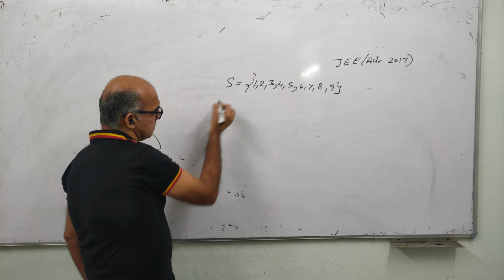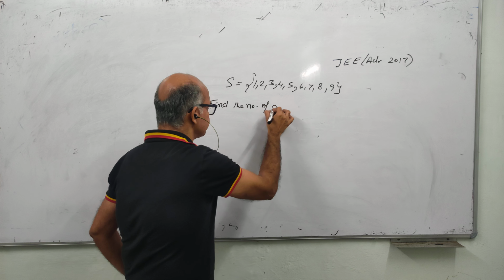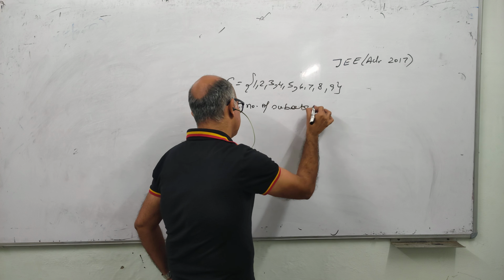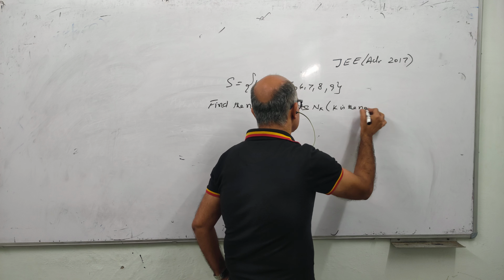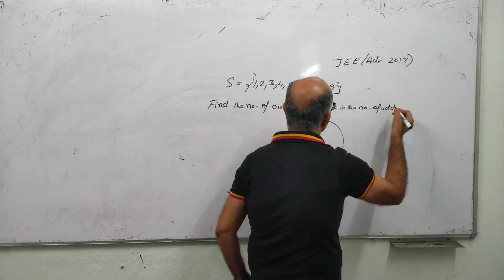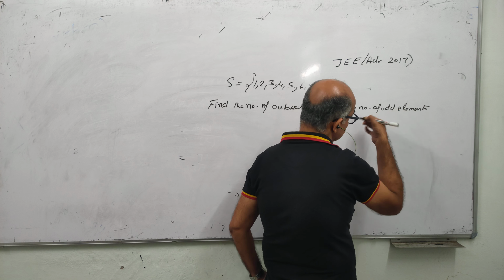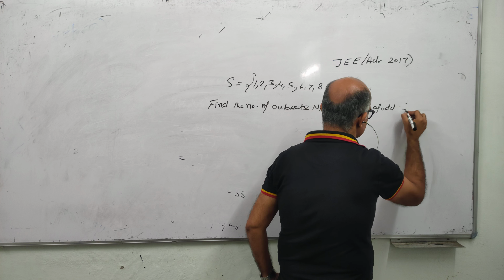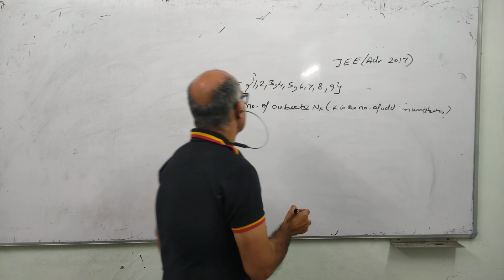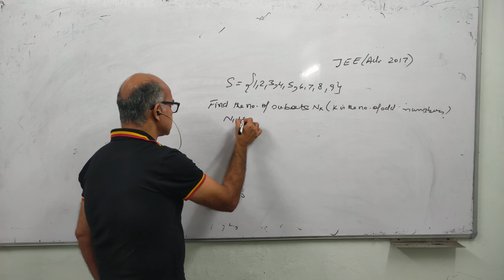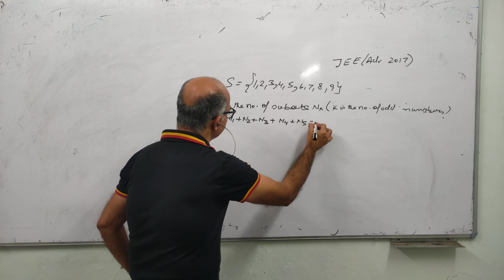The question says, find the number of subsets Nk, where K is the number of odd elements, that is the odd numbers. And we need to find N1 plus N2 plus N3 plus N4 plus N5. That is what we are looking for.